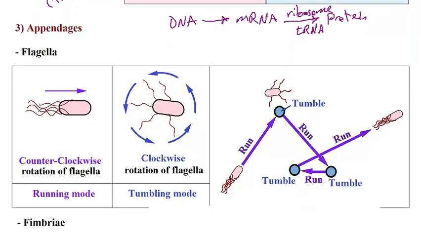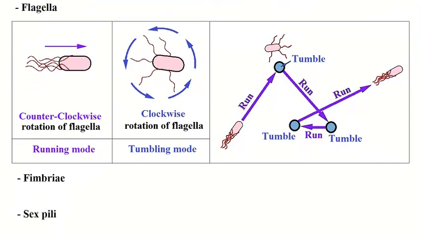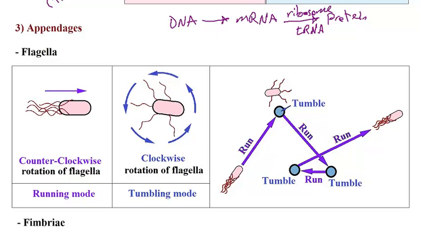The next structure is the appendages, which are actually protein structures that can assist in various different functions. These include, for instance, flagella, fimbriae, and sex pili. So let's first focus on flagella. Flagella are made of a chain of a protein called flagellin that anchors to the cell wall, and their function is to help the bacteria move around.